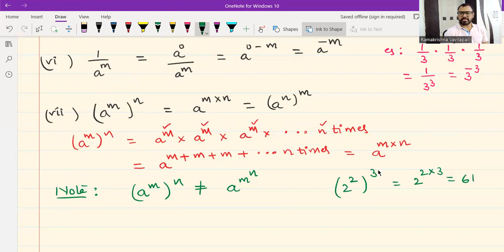So this we write 64. Whereas what is 2 to the power of 2 power 3? When you are expanding this, you have to come from up to down. So this is nothing but 2 to the power of 2 cube is 8, 2 power 8. So this is 2 to the power of 6 and this is 2 to the power of 8. Therefore 2 square whole cube is not the same as 2 to the power of 2 power 3.